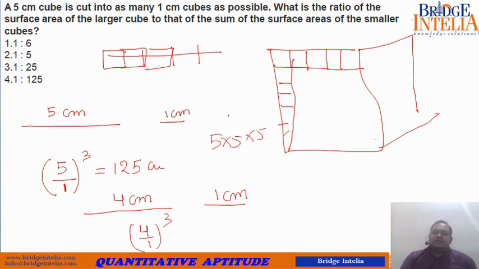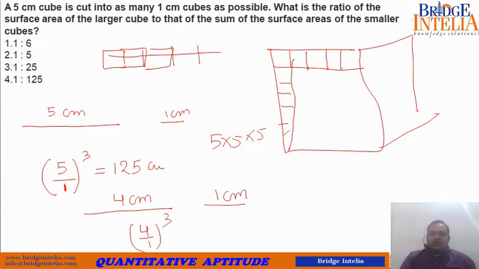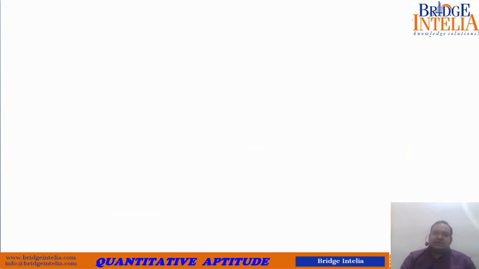Okay, so now let's apply this. We have understood that 125 new cubes are going to get formed. So the question is, what is the ratio of the surface area of the larger cube to the sum of surface areas of the smaller ones? We have to compare two things.